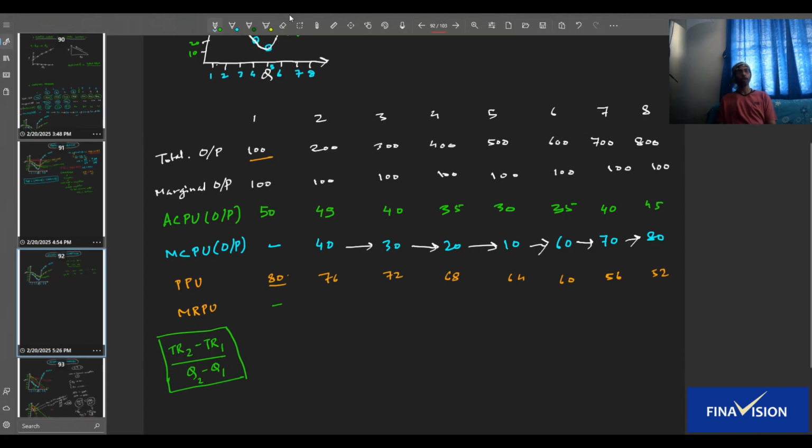Now for option 2, the total revenue at option 2 is price per unit into total output, which is 76 into 200.